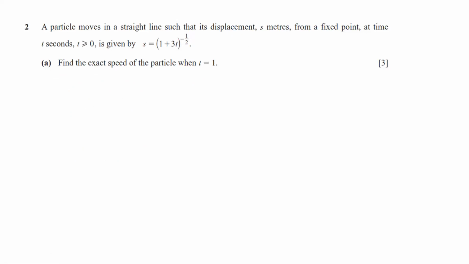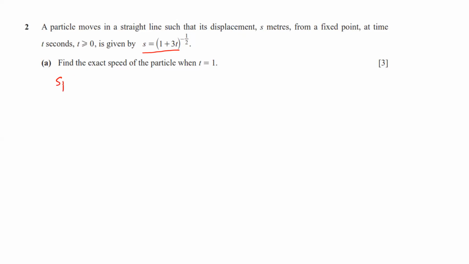It says a particle moves in a straight line such that its displacement s meters from a fixed point at time t seconds, t greater than 0, is given by s equals (1 plus 3t) whole power minus 1 by 2. Part A says find the exact speed of the particle when time t equals 1.